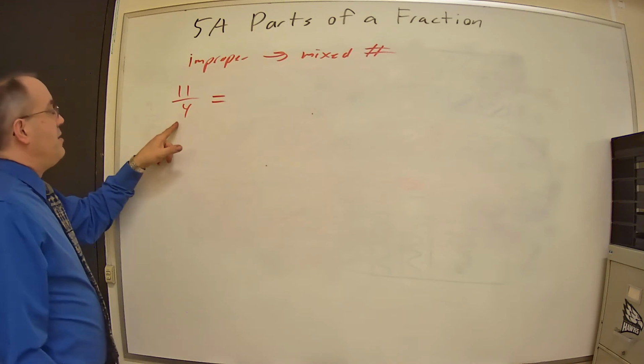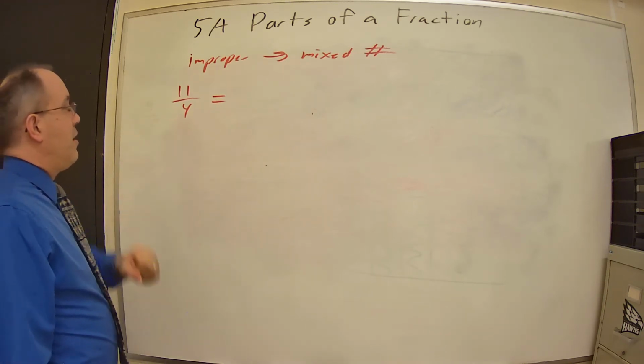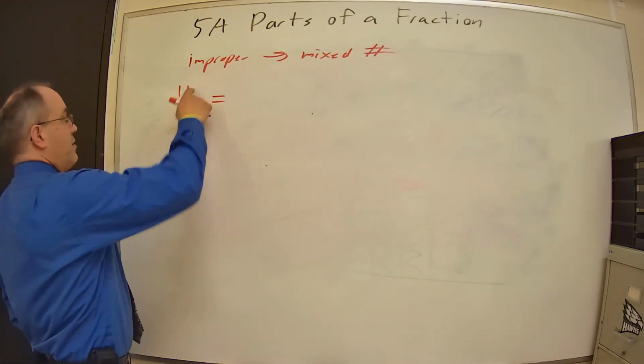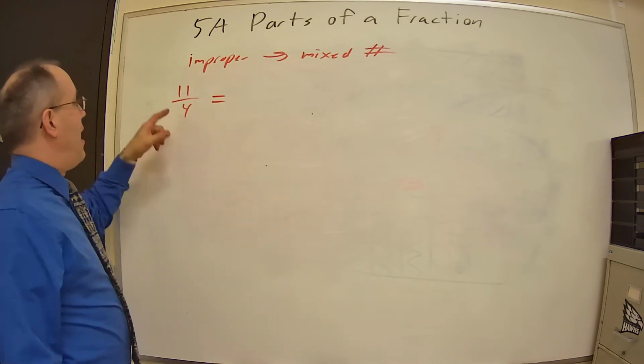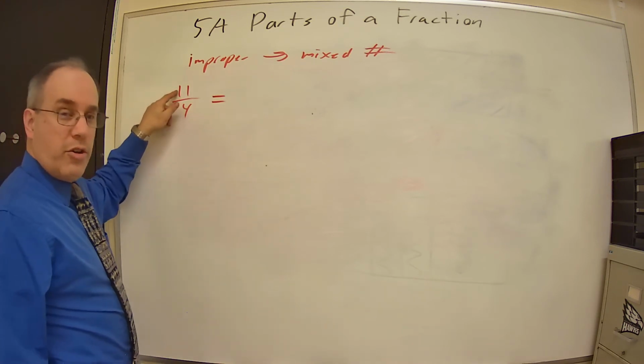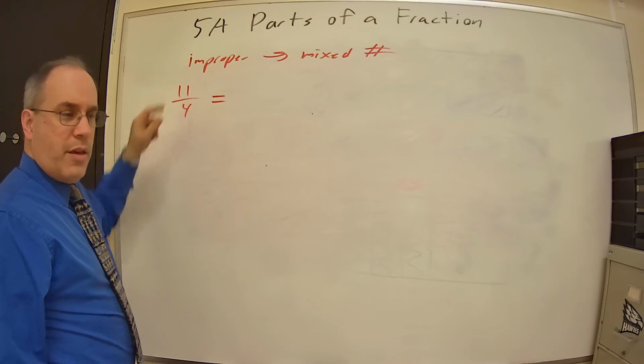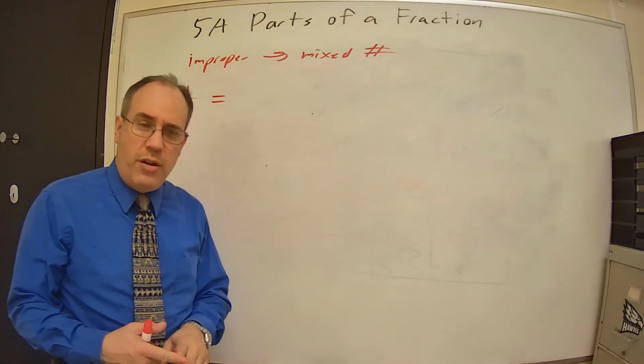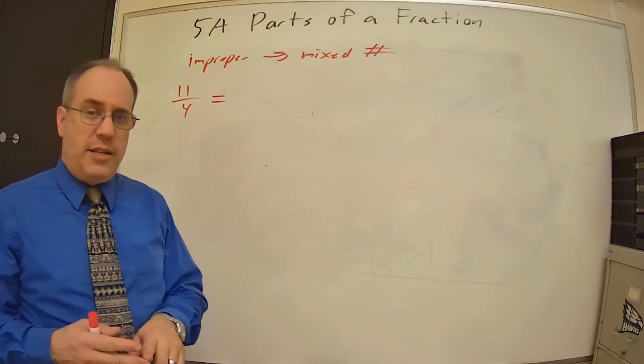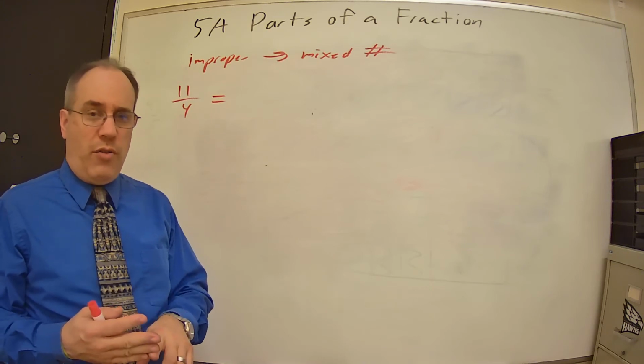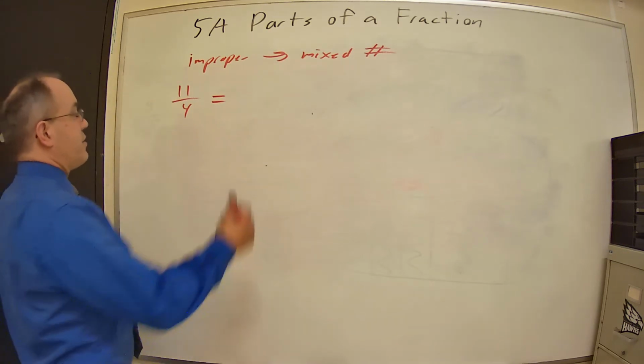But the easiest way to do this is to just divide. How many times does 4 go into 11? Well, 4 times 1 is 4. 4 times 2 is 8. 4 times 3 is 12. So it goes in twice.